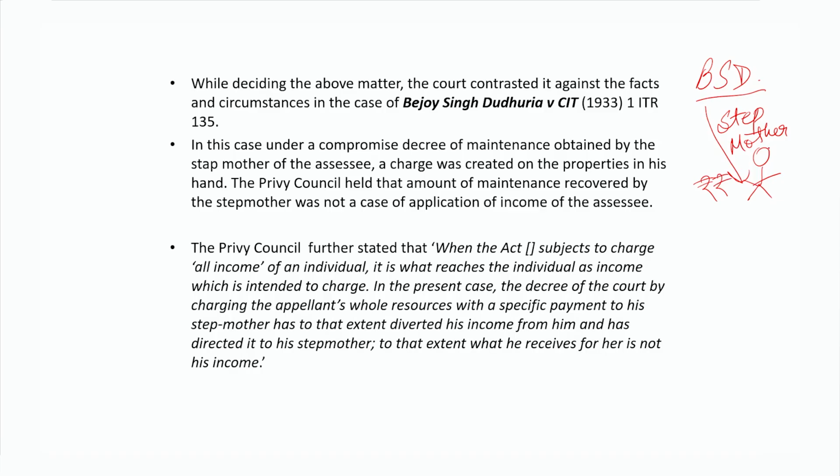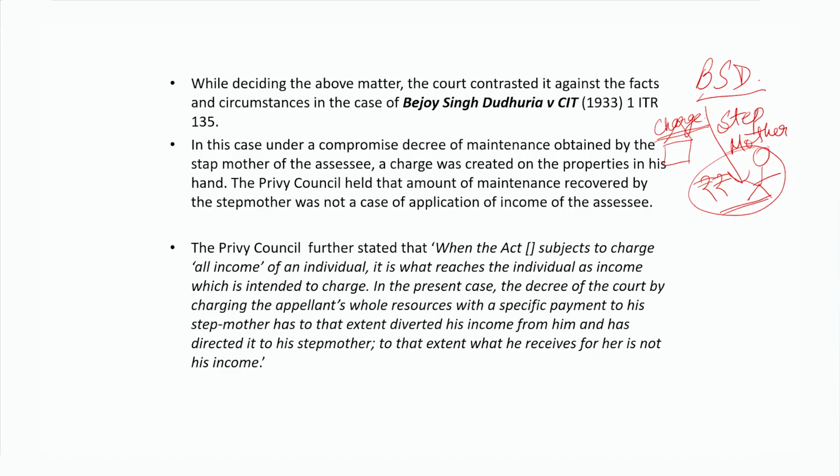And to secure this amount of maintenance that was supposed to go to her, the court had created a charge on the property of Bijoy Singh Dudhoria. So once this charge was created, the amount that was given out to the stepmother was seen as something that was deductible for Bijoy Singh Dudhoria, right?